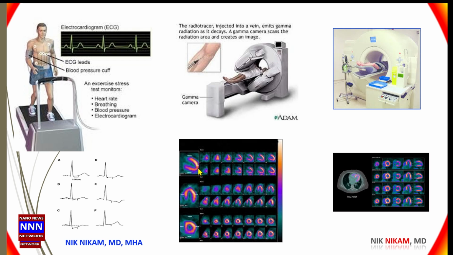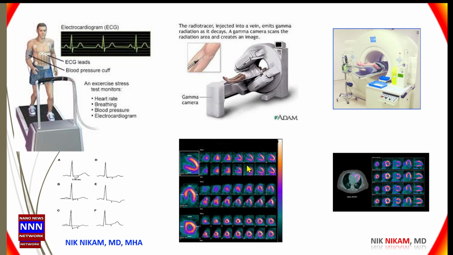This is the heart muscle itself, which takes up the isotope, and then it outlines the heart size and function. And based on this, if it's uniformly orange like this, that means the circulation is normal.